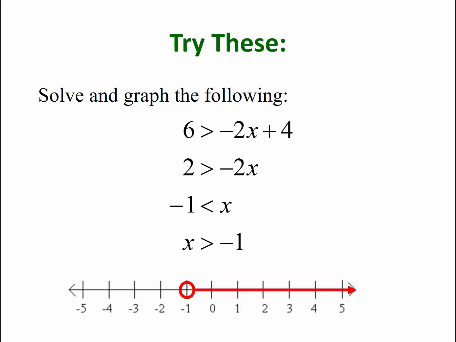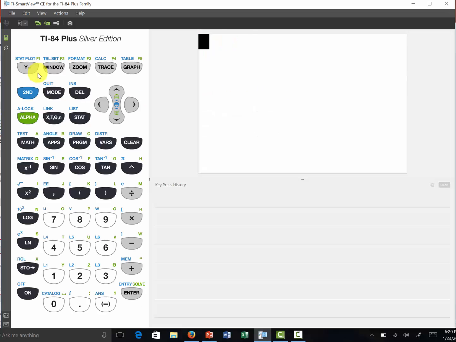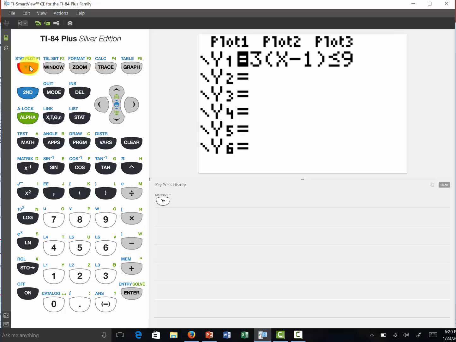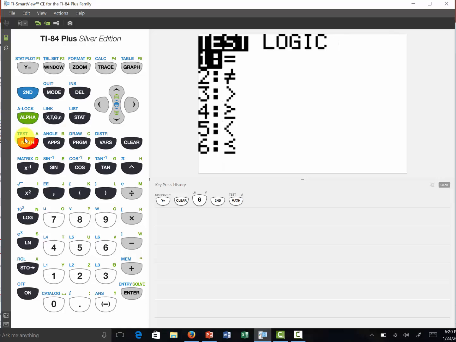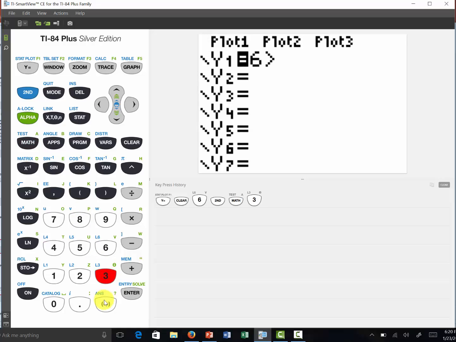To verify this using the graphing calculator, we go to our y equals, hit clear. We want to type in our inequality, 6 greater than, so second math is the test window. We want greater than, which is number 3, negative 2x plus 4.